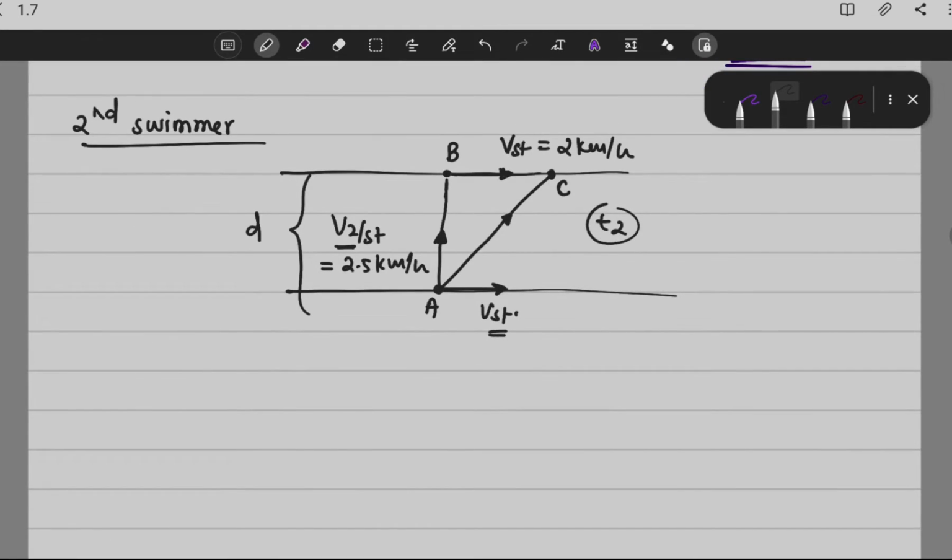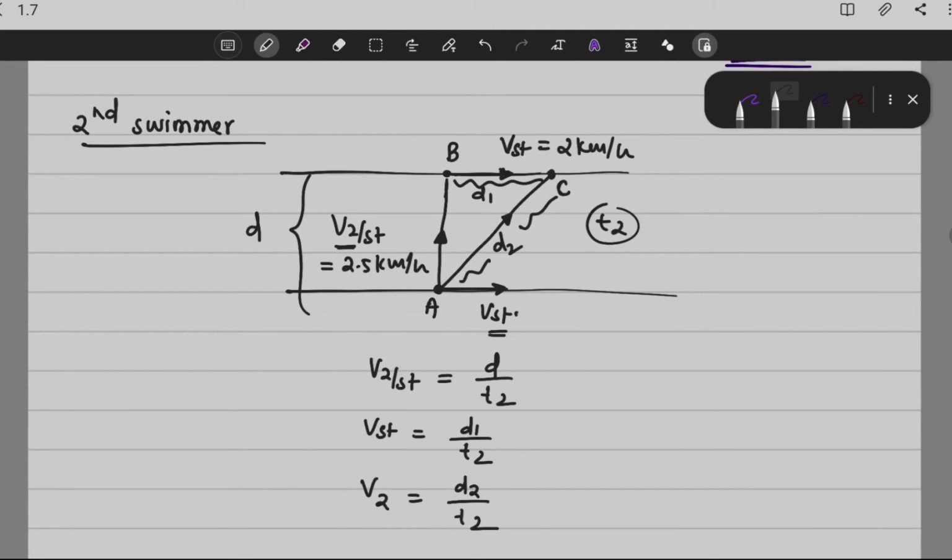So we can write v2 st is equal to d divided by t2, or we can also write, let us say this particular distance is d1, then we can write vst is equal to d1 divided by t2.